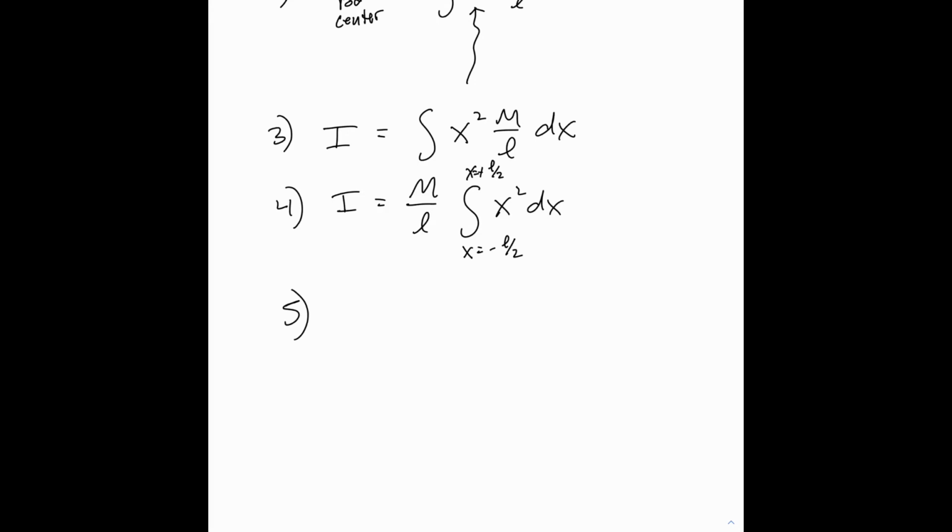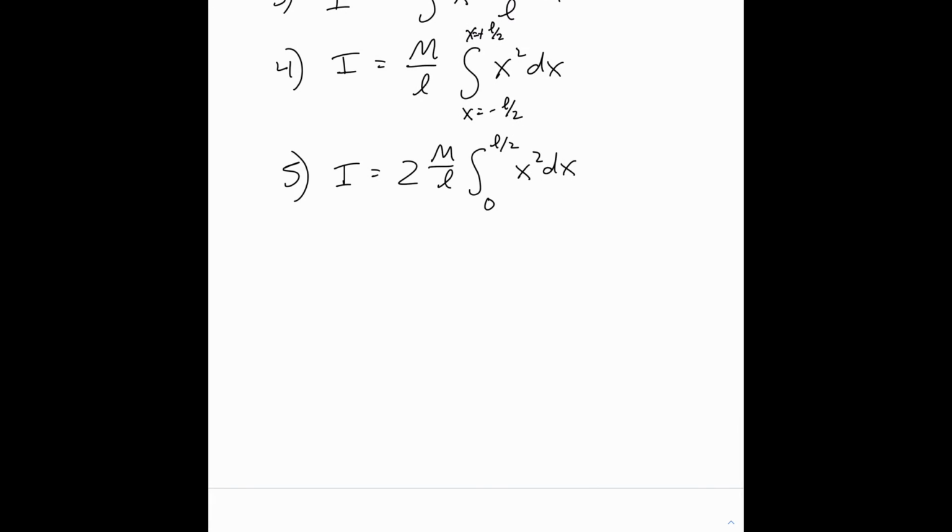I guess if we wanted to, we could just double it. Say it's 2 times m over L times the integral from 0 to L over 2 of x squared dx. Okay, and then what does this calculate out to? Right, isn't it 1/3 x cubed?